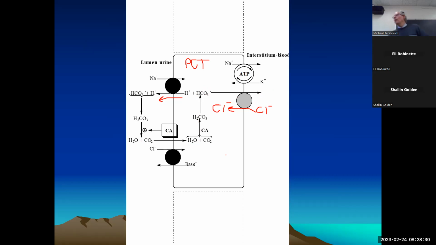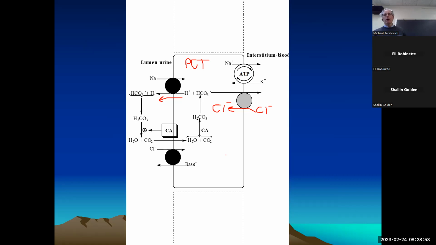Now, if you have high altitude disease, you're hyperventilating. That hyperventilation gets rid of carbon dioxide. Because it gets rid of carbon dioxide, you're getting rid of acid.